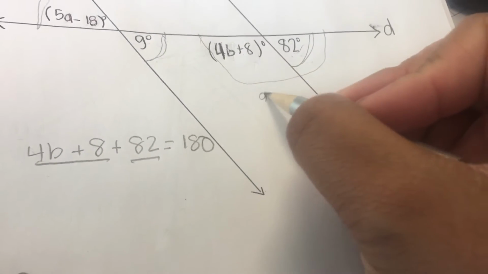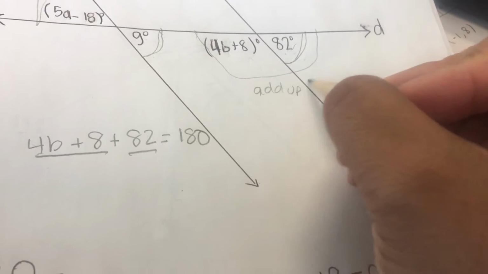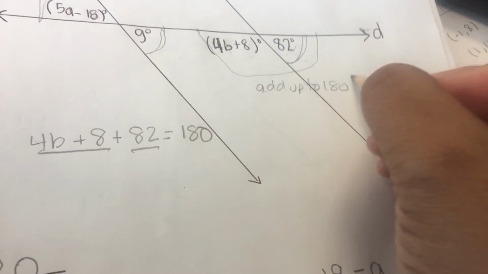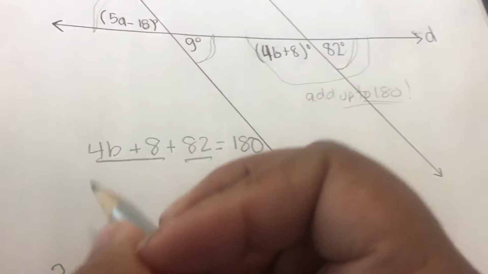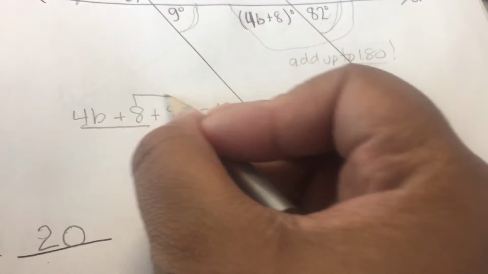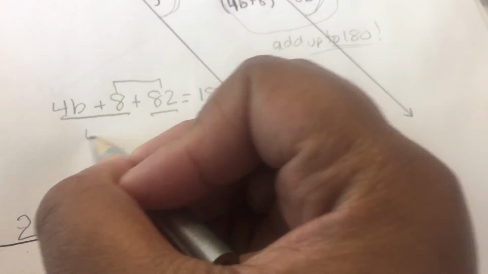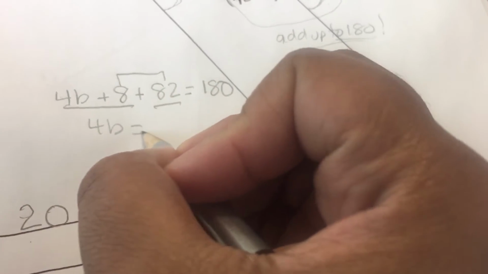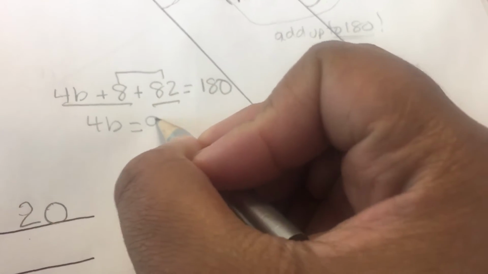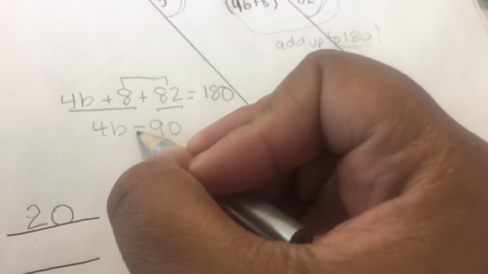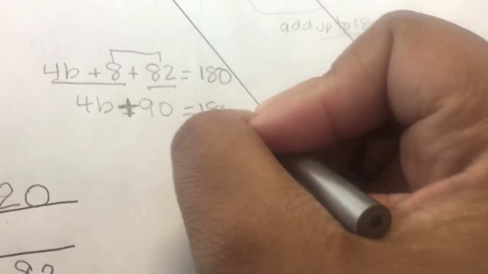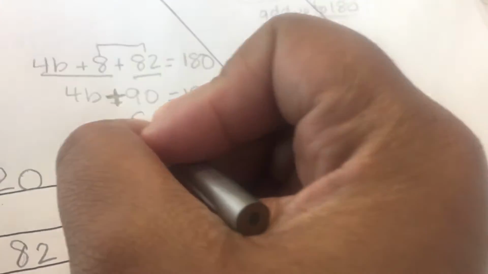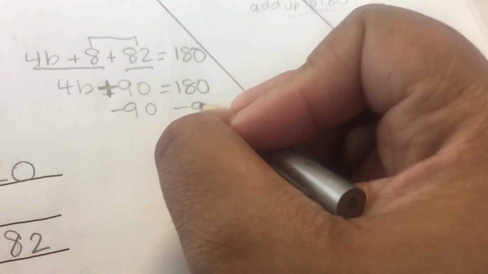Supplementary angles add up to 180. These are like terms, so they go together. Oops, that's supposed to be a plus. Then I do a two-step equation to solve for B.